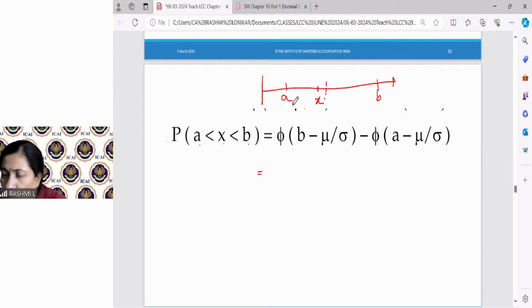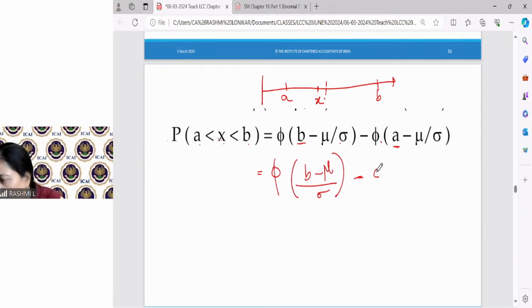So x is greater than a but less than b. So you will have the value at (b minus mu) upon sigma minus the value at (a minus mu) upon sigma. So this is how you have to calculate.